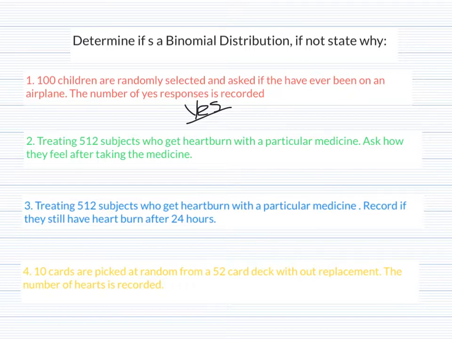Does this question have just two outcomes? No, you can have I feel okay, I feel all right, I feel really, really bad, I feel average, I feel great. All of those are different possibilities. Or if you want to set that to a number scale, how do you feel from 0 to 10? That would also not be okay because you have all those different options. So this is no.